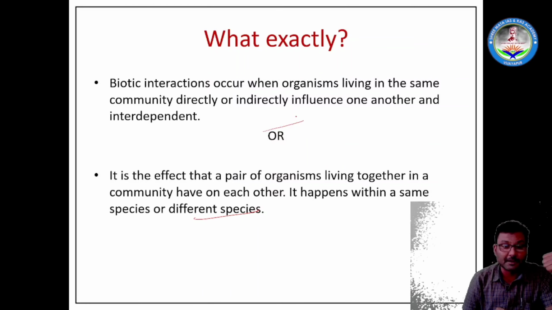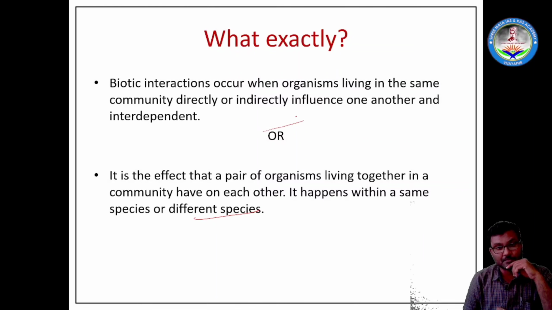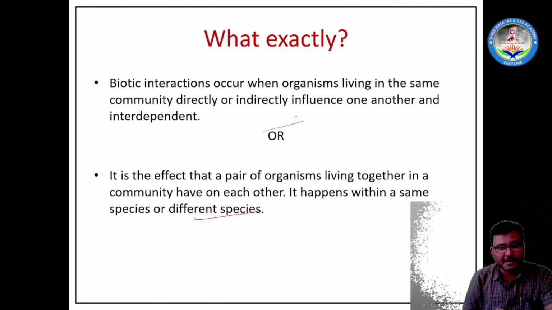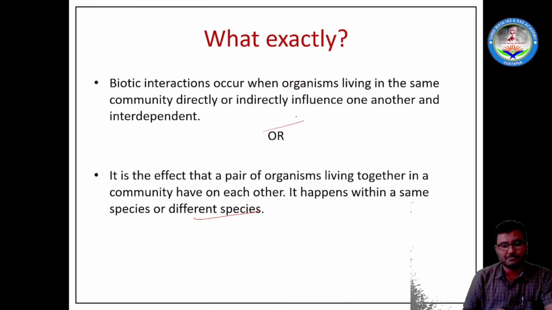That is the exact meaning of biotic interaction. It tells you that you are not living isolated, that you require someone else, whether animal or plant. That is the ultimate meaning of biotic interactions.